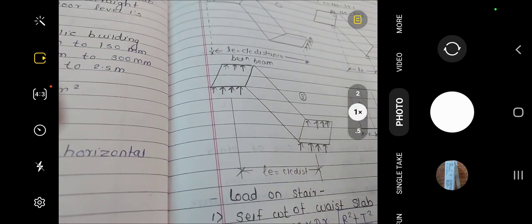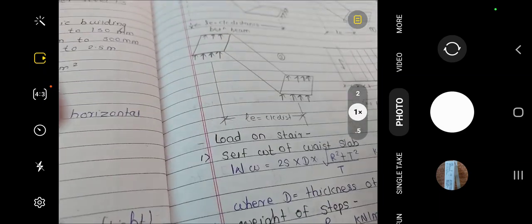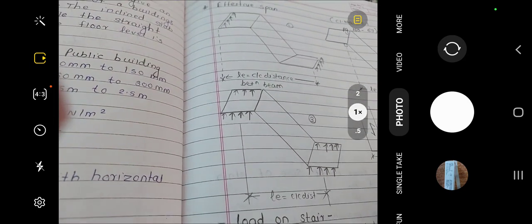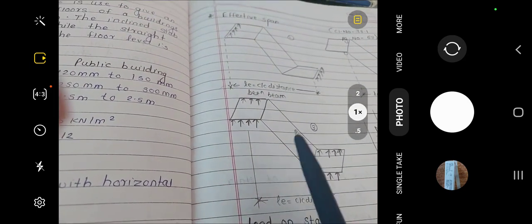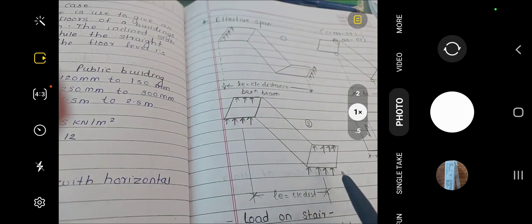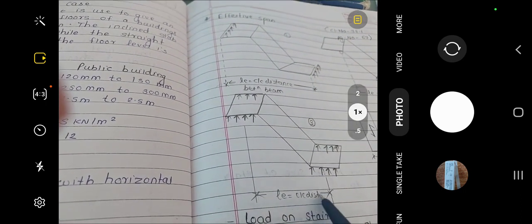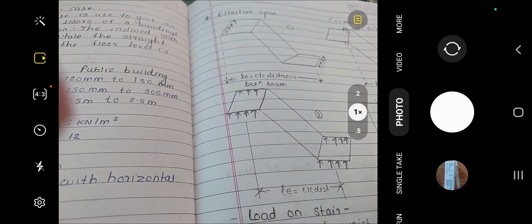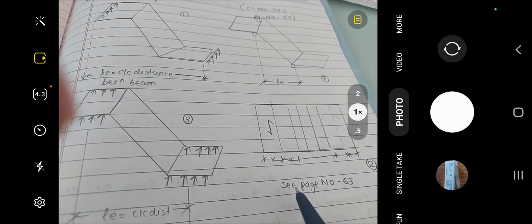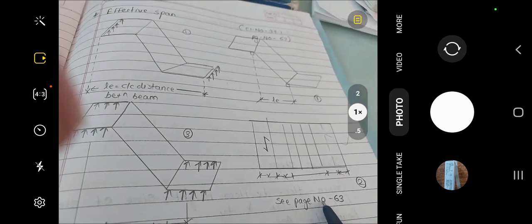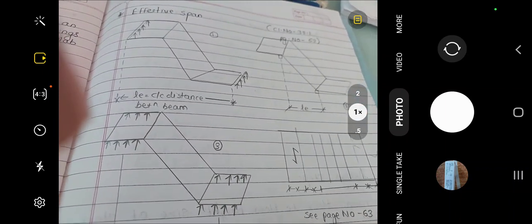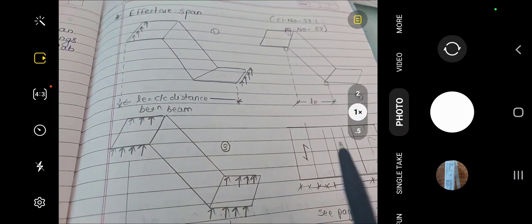Then the third case is if my beam is shifted over this point and this point, the effective length will be this way. And if we see page number 63 of IS 456-2000, you will be observing all these diagrams on one page.